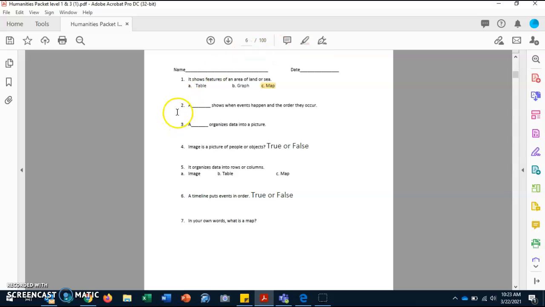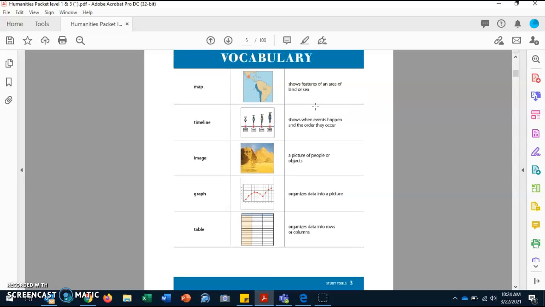Awesome job, boys. Now question number 2. A blank shows when events happen and the order they occur. So if we go back to our vocabulary, what shows us events that happen and shows us when they are in order? Can you find the answer?